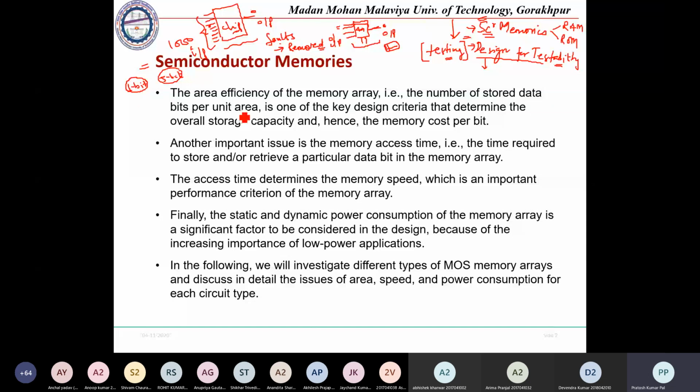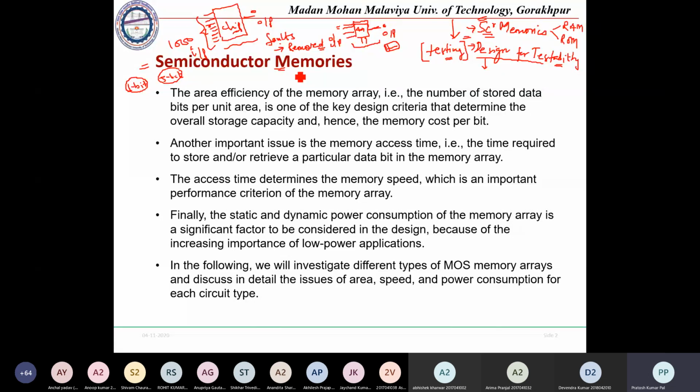Okay, so here there are different performance parameters that define the memory efficiency, or the performance of memory. So performance of memory can be given in terms of different parameters.